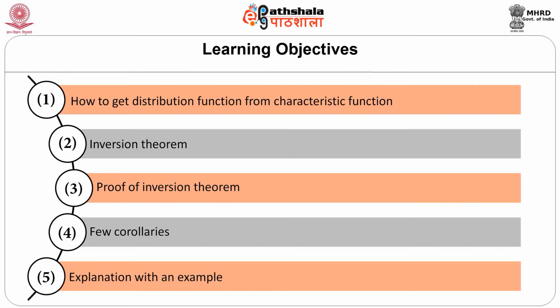If it is possible to find such a function, the natural question will come whether we can uniquely identify that distribution function. One can go one step further to ask, given a characteristic function, is it possible to derive the distribution function? So, we will be discussing all these things today in this class.